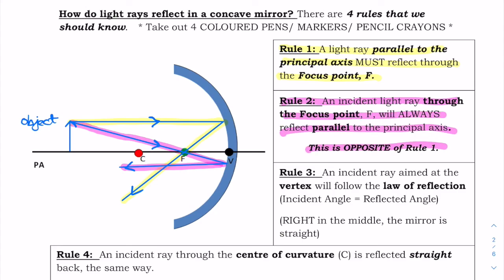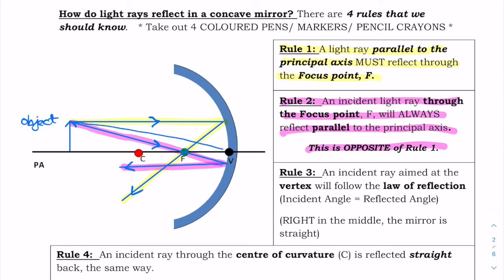Rule number 3, an incident ray of light that hits the vertex will follow the law of reflection. And remember, that tells us that the angle of incidence is equal to the angle of reflection. So let's draw that. Here's our incoming ray of light.